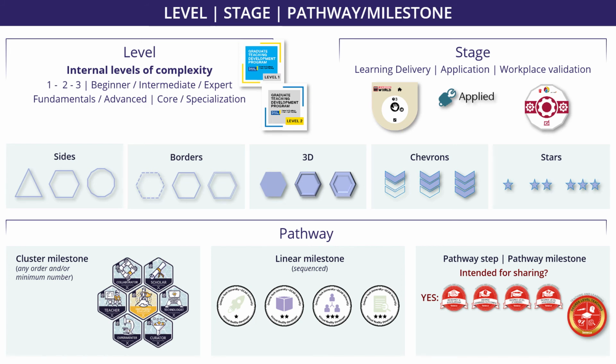So perhaps the micro-credentials in the pathway here can be valuable in and of themselves, but maybe they're just place markers, in which case you would maybe give it a visual indication that this is maybe not for sharing outside, this is to show you that you're making progress toward your goal, and hang on until you reach that milestone credential at the end.